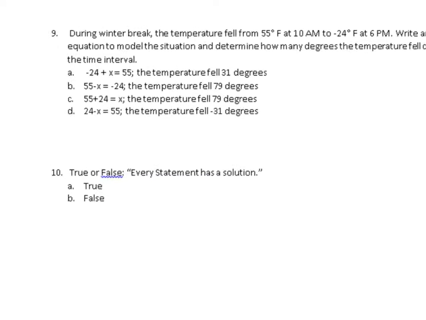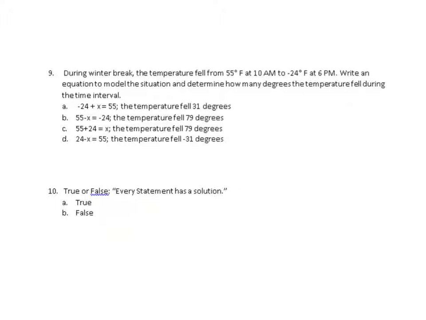Last two. During winter break, the temperature fell from 55 degrees Fahrenheit at 10 a.m. to negative 24 degrees Fahrenheit at 6 p.m. Write an equation to model the situation and determine how many degrees the temperature fell during the time interval. So you started out at 55 degrees and you fell a certain amount. That means subtraction, yes?